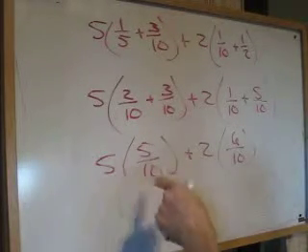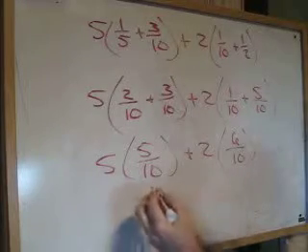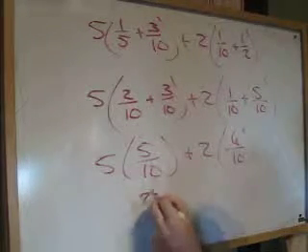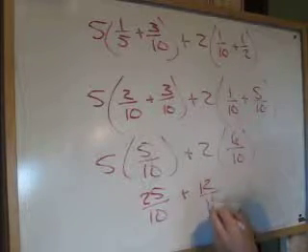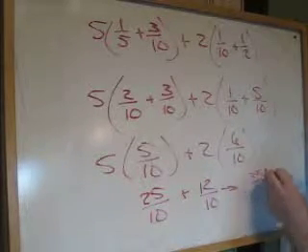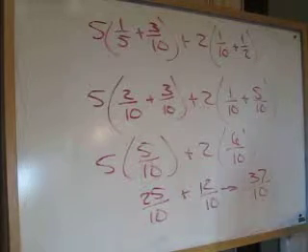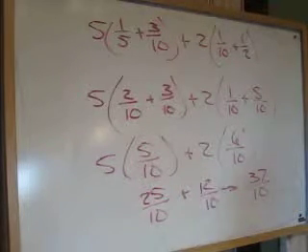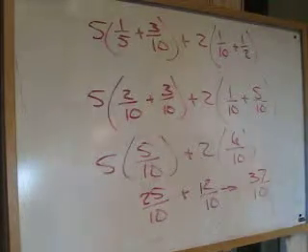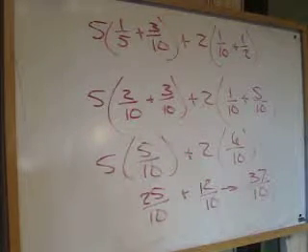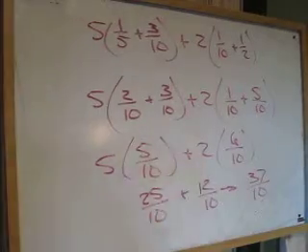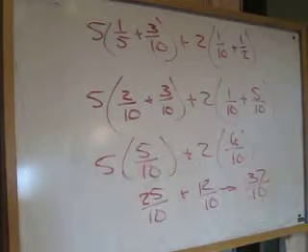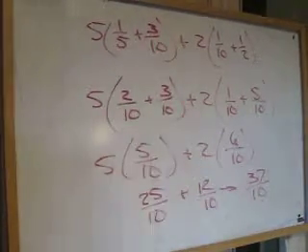There's a multiplication sign there, not an addition sign. So I'm going to make this 25 over 10 plus 12 over 10 and get 37 over 10. Then I'm going to go ahead and change that to a mixed number of 3 and 7/10. So there we go. Done with chapter 3 and 3.9.